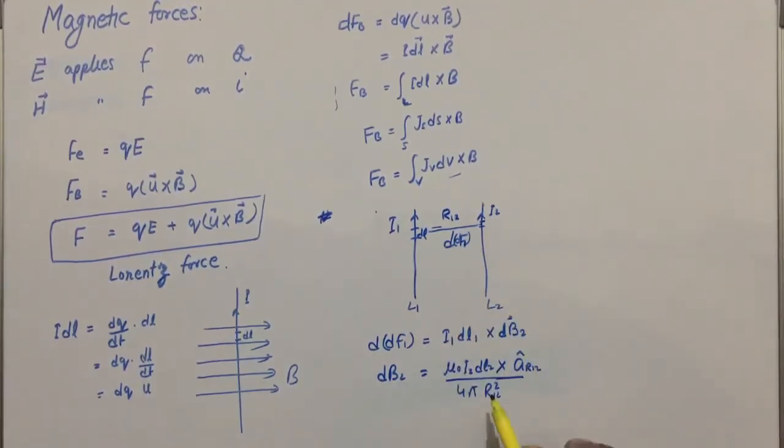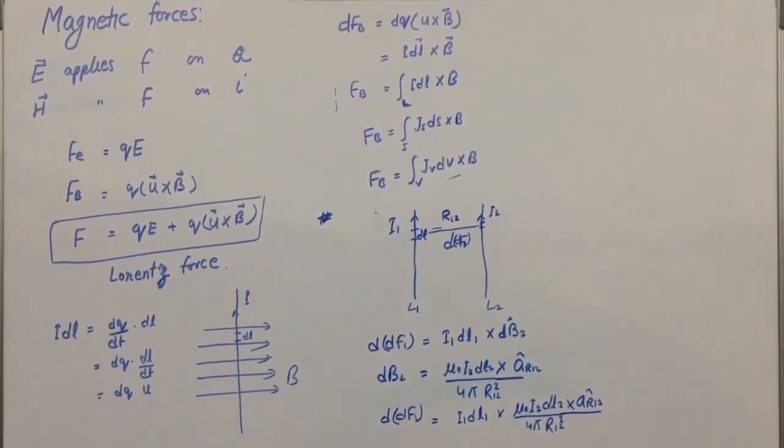Okay, now put it here, we will find dF1 will be equal to I1 dl1 cross mu naught I2 dl2 divided by 4 pi r12 squared cross a r12.